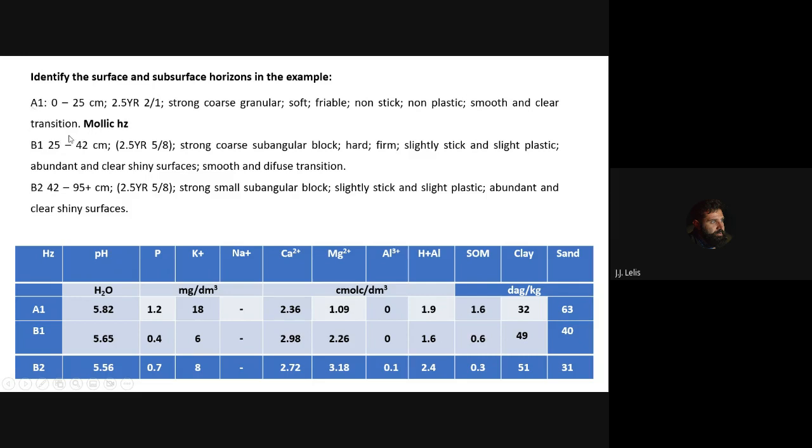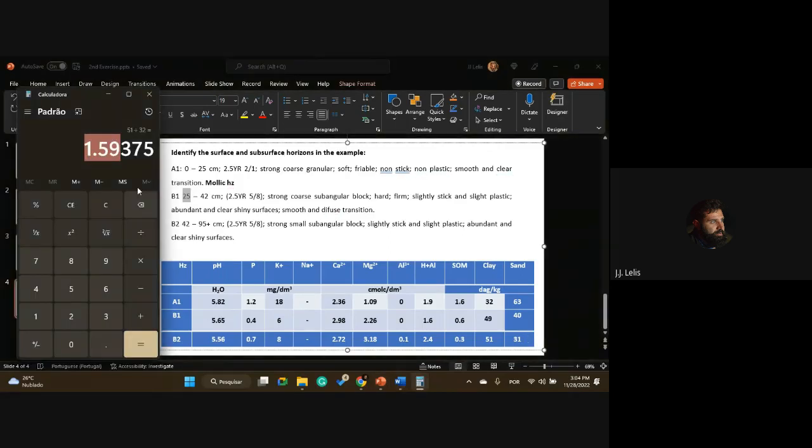In this case, the B1 horizon has only 49% of clay content, and the A horizon is 32. We have a very close value, a ratio of 1.53.